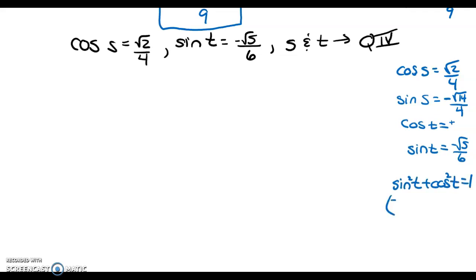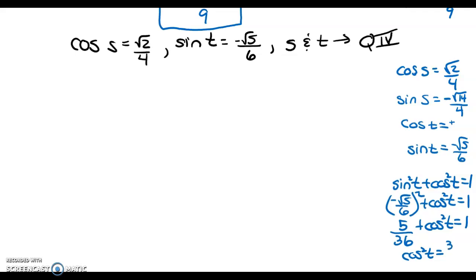I know my sine is negative radical 5 over 6 squared plus cosine squared t equals 1. So I get 5 over 36. Remember, when we square a negative, it's going to be positive. So be careful there. And then I get my cosine squared of t equals 31 over 36. So when I take the square root, I get a positive radical 31 over 6.